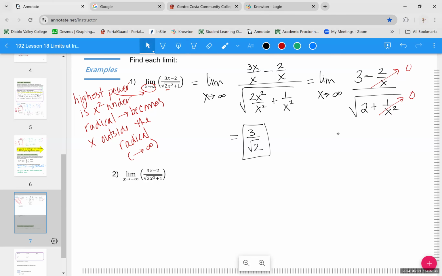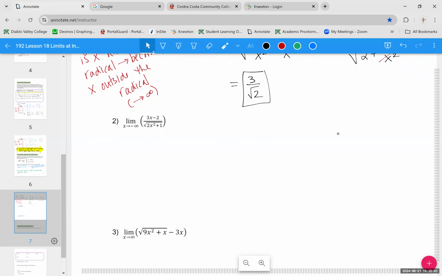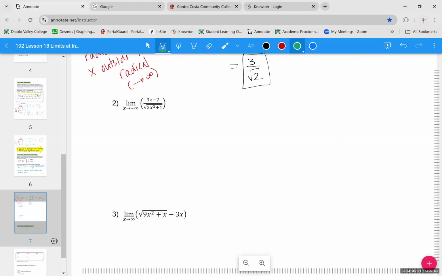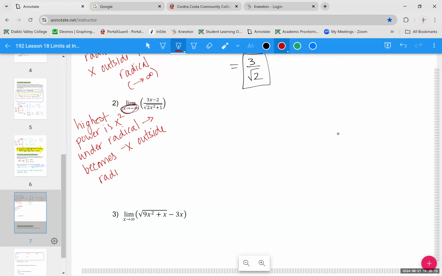Now, how does that change when we go to do the second one? So now I'm approaching negative infinity, but I have the same function. So my highest power is x squared, again, under the radical. But because I'm approaching negative infinity, this becomes negative x outside the radical.